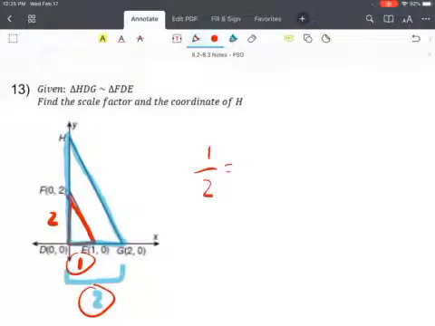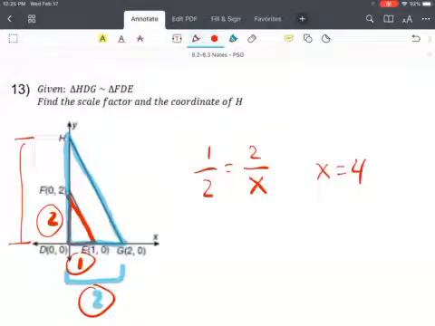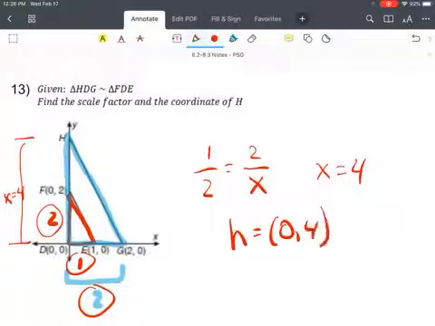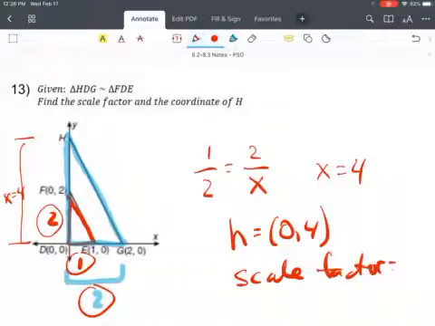On the left side, it is going to be in a ratio of 2 and I don't know, so x. I would cross multiply this to solve. And I get that x is 4. So my distance from 0, 0 up to h needs to be 4, which would make my h coordinate 0, 4, because my scale factor is equal to 2.